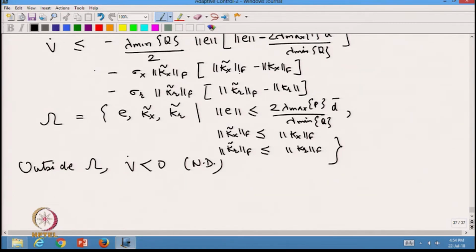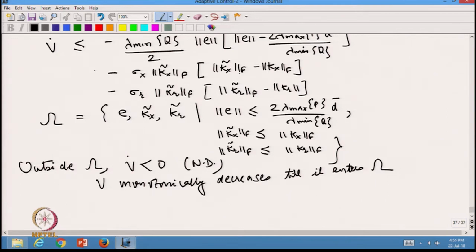So if you are outside this set, then V dot is less than 0, which means that V will monotonically decrease from its initial value V of 0, and in finite time, V monotonically decreases till the states E, kx tilde and kr tilde enter this set.